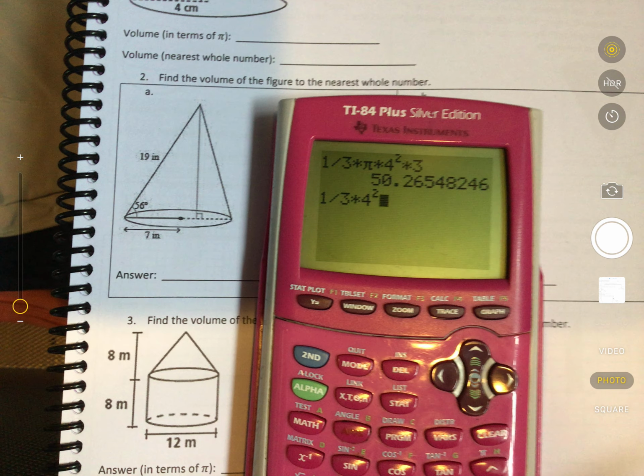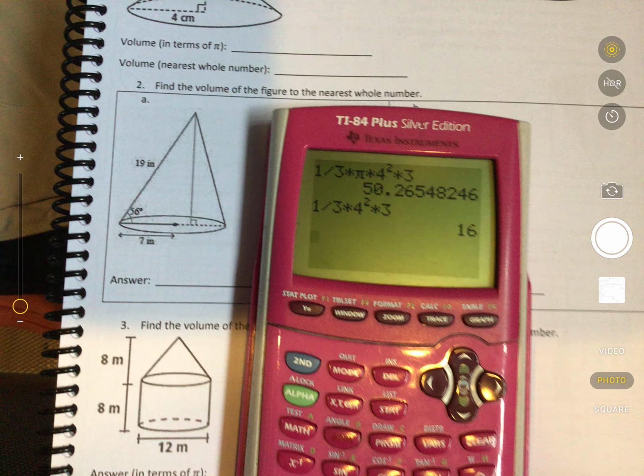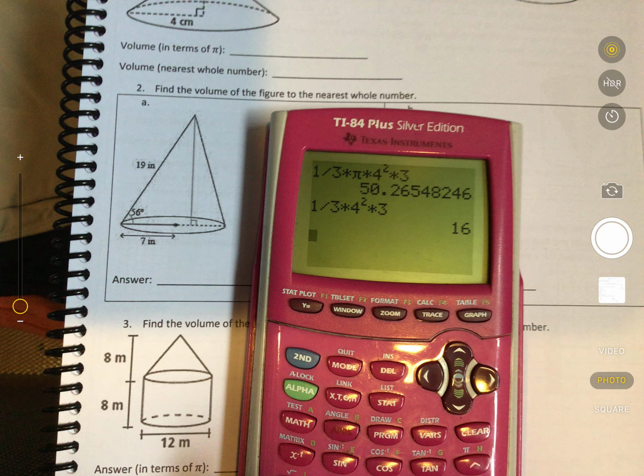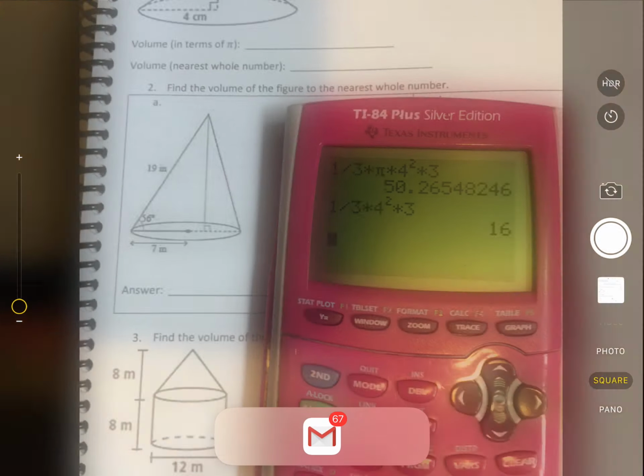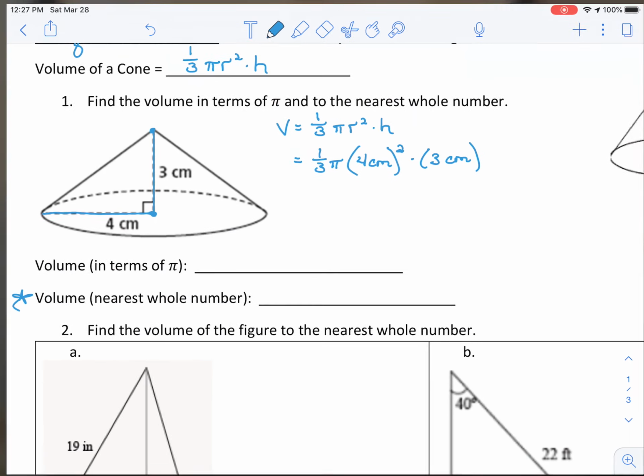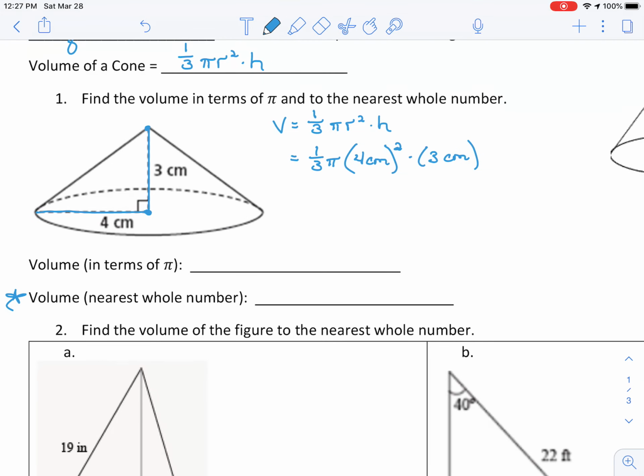So 1/3 times r squared times the height, and then just by hand write pi after that. So here, if I just take 1/3 times 4 squared times 3, I get 16, and it would need to be multiplied by pi. The volume in terms of pi is 16 pi.